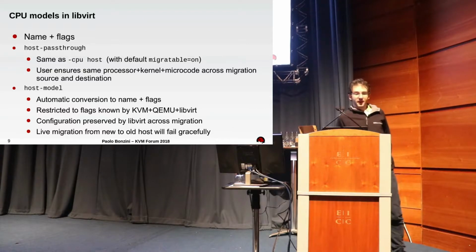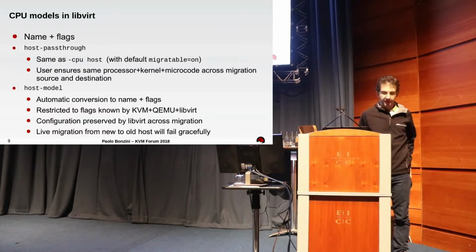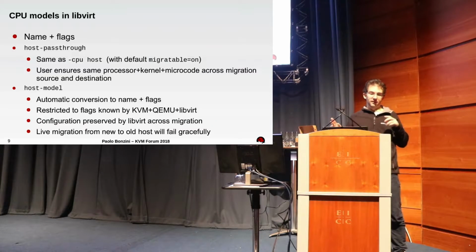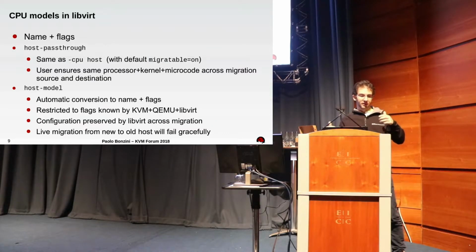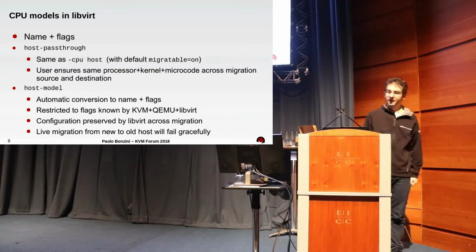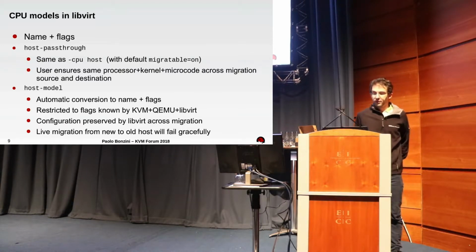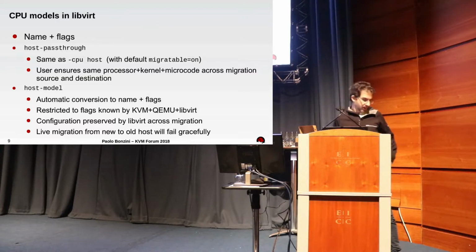But libvirt has also one advantage. Libvirt has some extra information that is stored in the libvirt daemon and transferred to the destination machine before live migration starts. And for this reason, libvirt can use something called the host model CPU model.